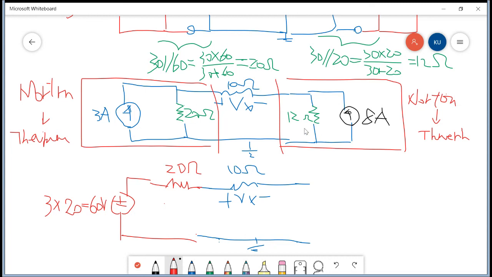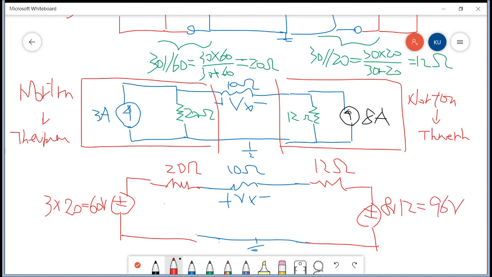And for this one, we have 12 ohm. And then this one is 8A times 12 ohm equals 96 volts.